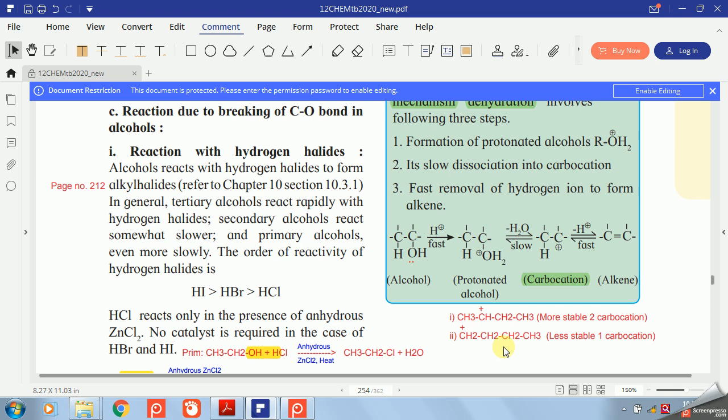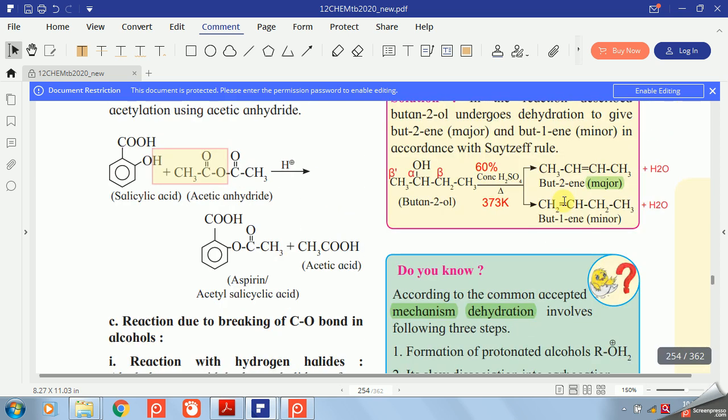But if you observe the product but-1-ene, the intermediate is the primary carbocation, and this carbocation contains only one alkyl group, CH2CH2CH3. That whole alkyl group, the n-propyl group, is considered as an alkyl group, so only one plus I effect, and the beta carbon contains 2 hydrogens, so 2 hyperconjugating structures, so it is less stable. Primary is always less stable than secondary, and that's why we get but-2-ene as the major product.